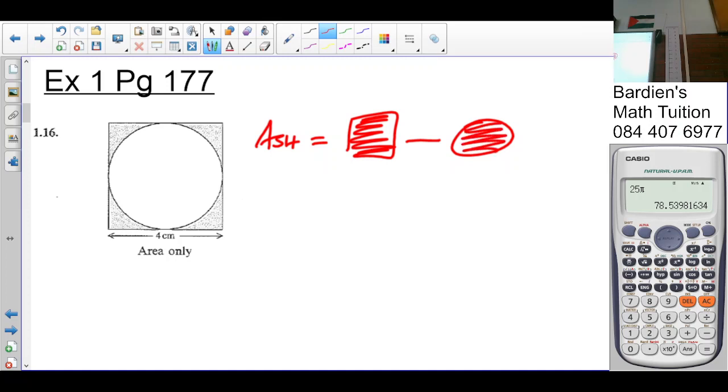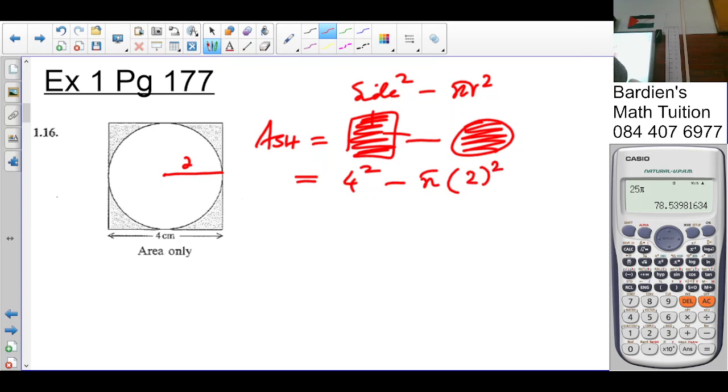Not so? So how do you calculate the area of a square? Side times side, which is 4 by 4, squared, minus. How do you calculate the area of a circle? Remember, this is side squared minus pi r squared. So it's going to be pi. What's the radius of the circle? The diameter is 4, so the radius is 2.